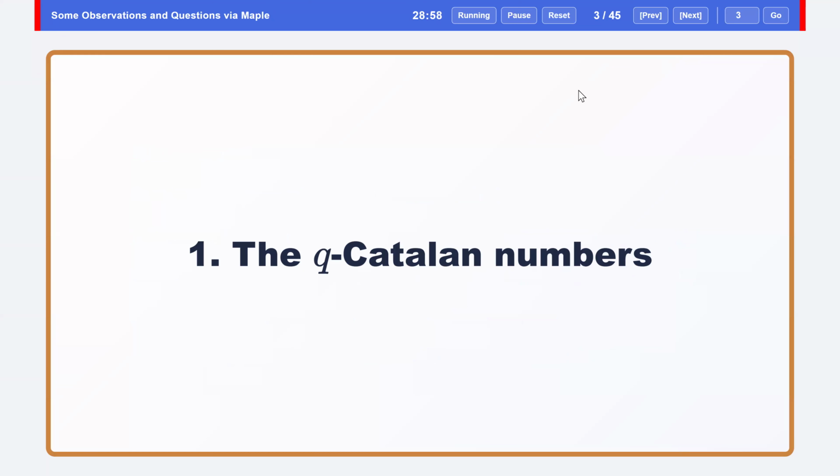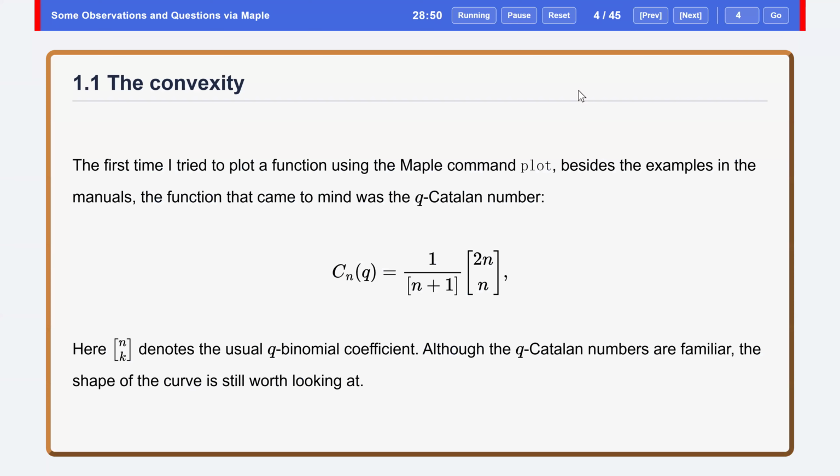First, let me start with the classical q-Catalan numbers. The first time I tried to plot a function using the Maple plot command, besides the examples in the manuals, the function that came to my mind was a q-Catalan number.